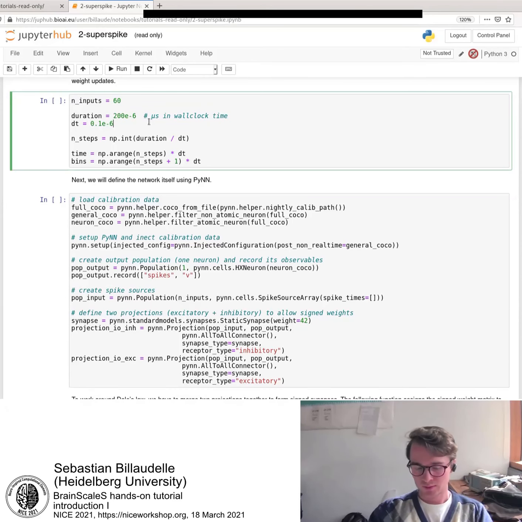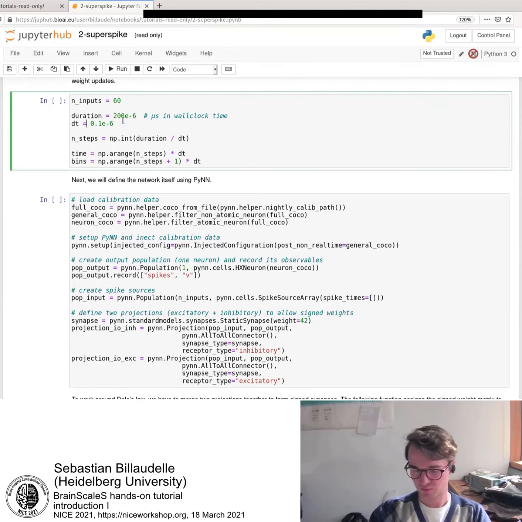And then we do something that is not necessary for the forward pass. We introduce a time step. Everything that is emulated on BrainScaleS-2 is continuous in time. There is no time step. It's not a numerical integration. It's a physical model. These neuron circuits and all the other dynamics evolve continuously in time. But to be able to calculate the weight updates numerically, it's very convenient to define everything on a grid now.